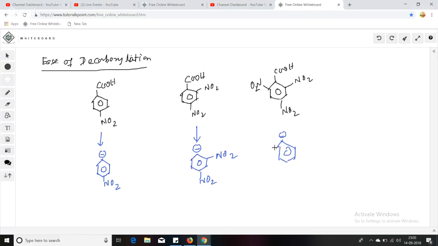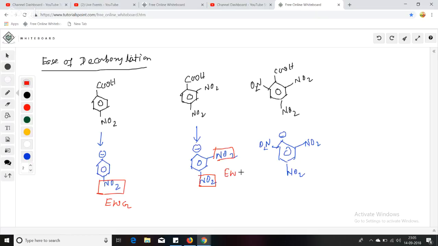And all these nitro groups are electron withdrawing groups, EWG.